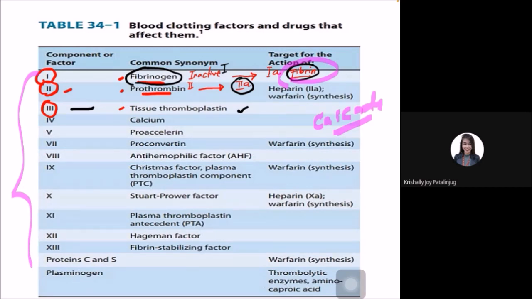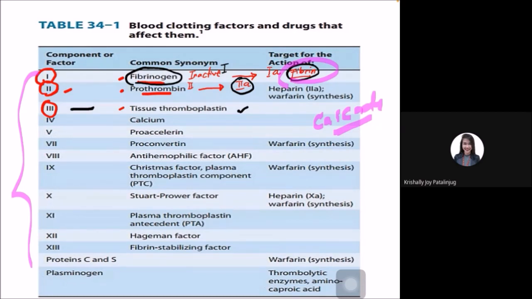If they help with one another, tsaka lang ma-activate at the end yung fibrin. Okay? Kasi kapag hindi activated yung mga clotting factor, kahit isang clotting factor hindi activated, walang fibrin. Walang fibrin na mabubuo.